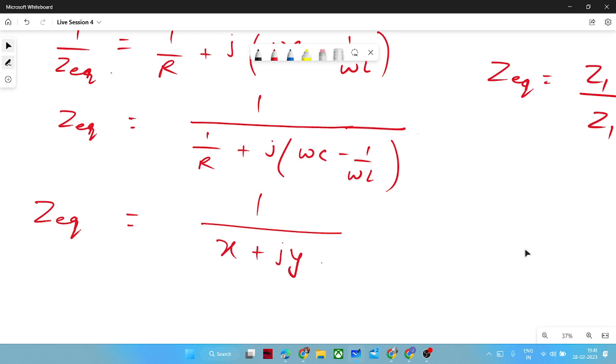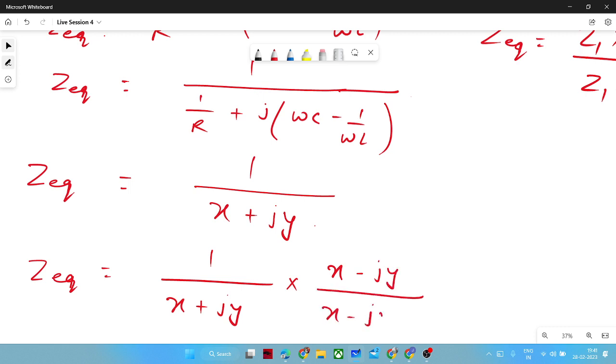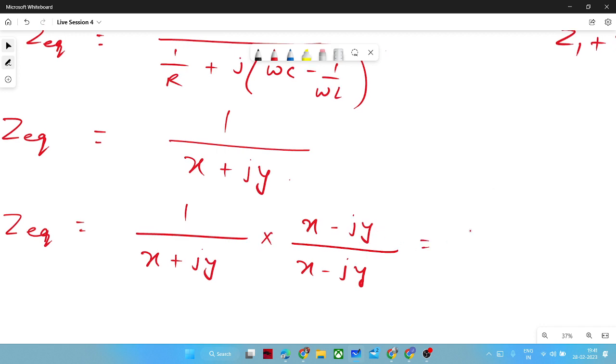Now you can simplify it by multiplying with x minus jy divided by x minus jy, so it will lead to x minus jy divided by x square plus y square.